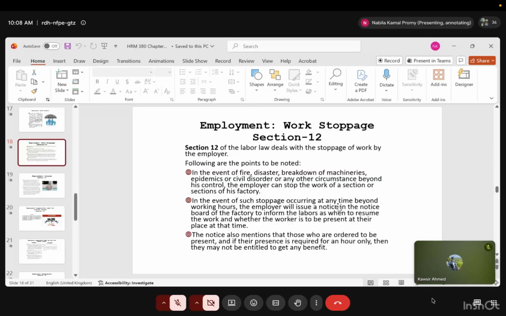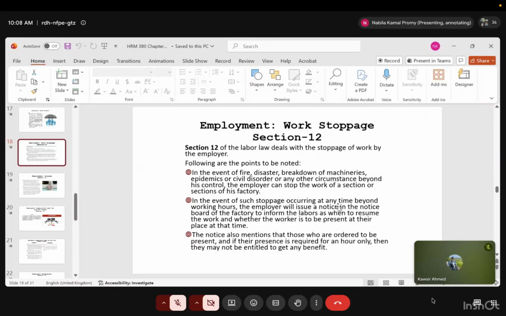And in certain cases, if some limited employees have to come during the work stoppage, they will get paid. So the employer is closing down the factory for a temporary period.